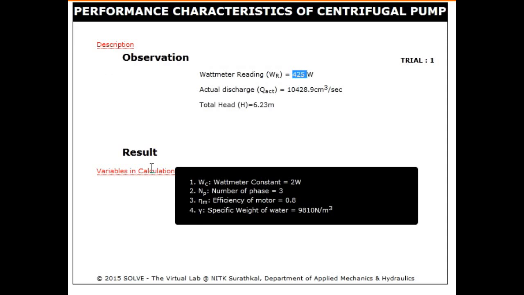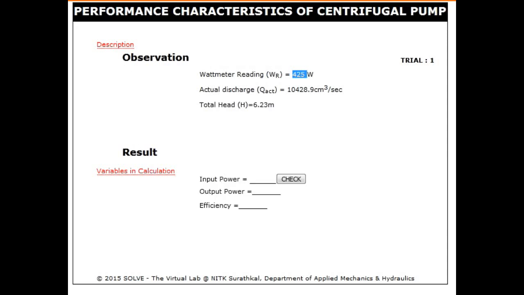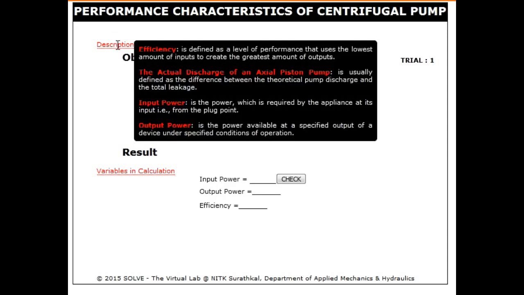You can use these to calculate the input power and the output power. Here there is a small description. What is efficiency? Efficiency is the level of performance that uses the lowest amount of inputs to create the greatest amount of outputs. It is nothing but output by input.